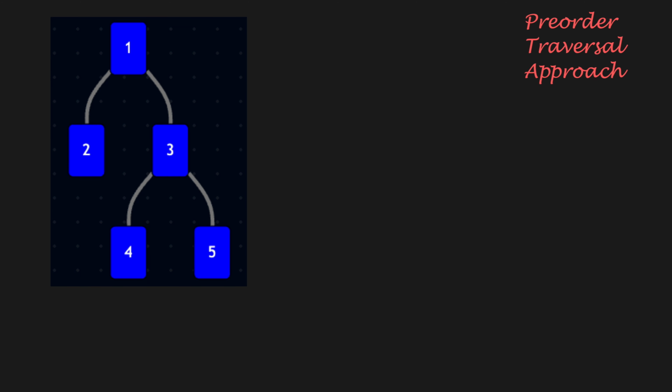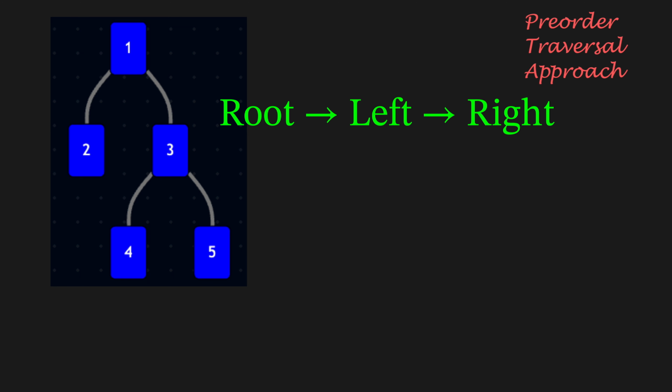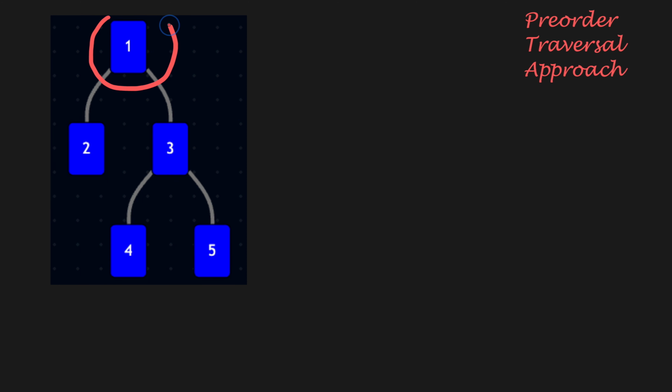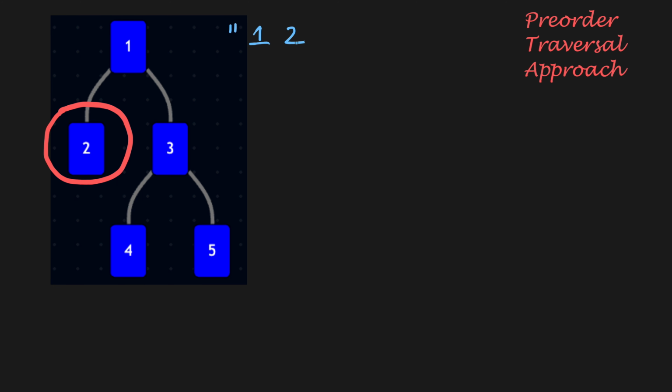In preorder traversal, we process the parent, then the left subtree, and then the right subtree. For example, here we start with the root node 1 and say during the serialization, we append it to the string, and then we go to its left child and append it to the string as well.